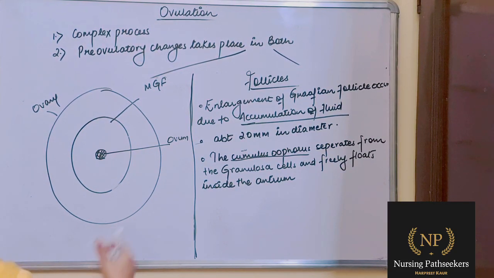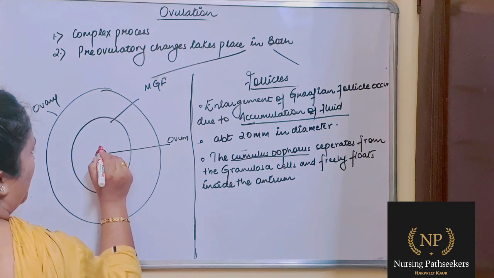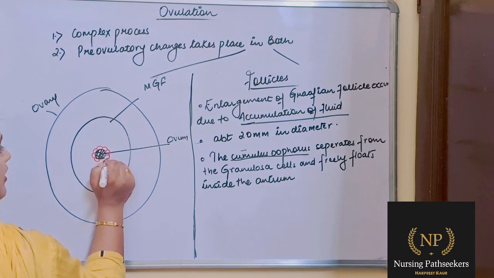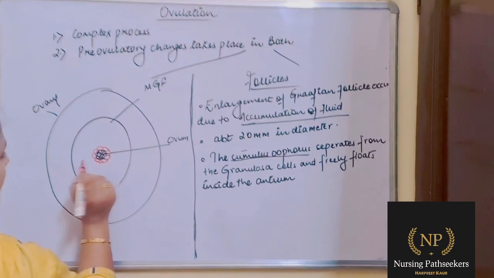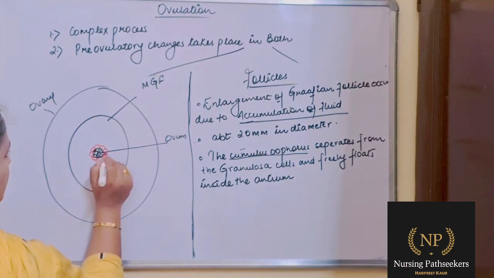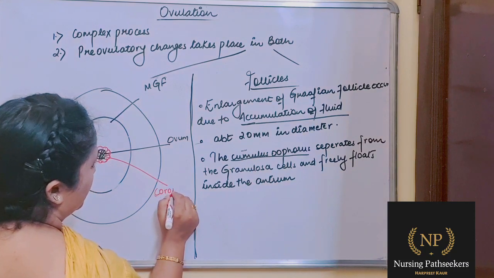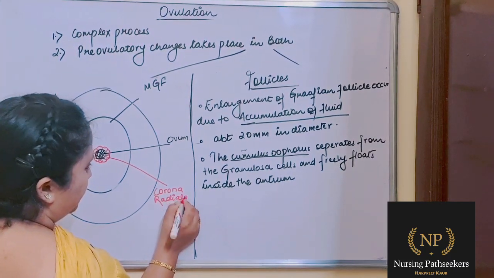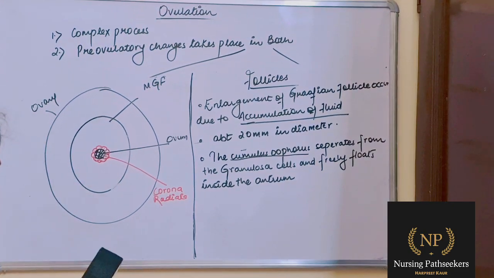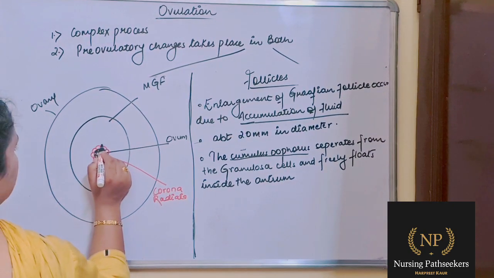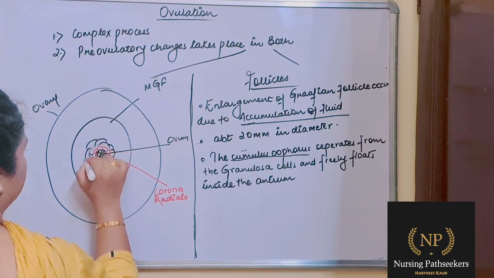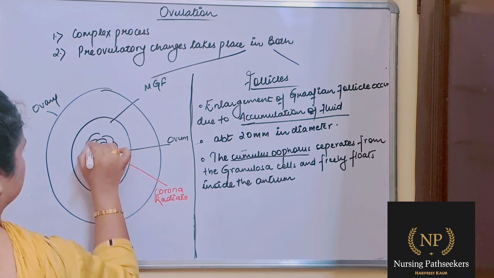Now this ovum is surrounded by multiple layers of cells, right? And the innermost layer is called corona radiata, right? And there are multiple layers of cells.